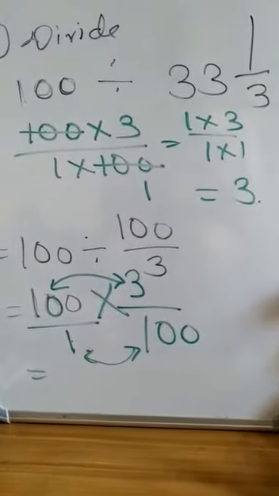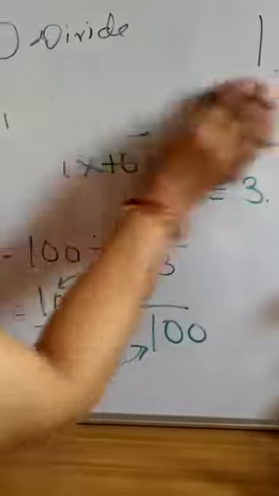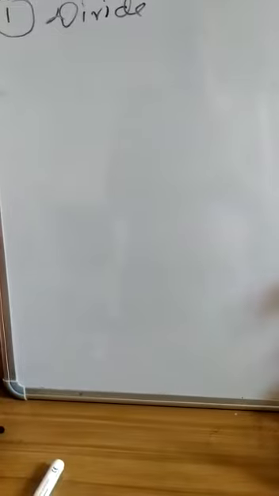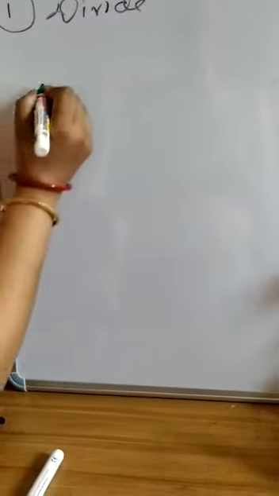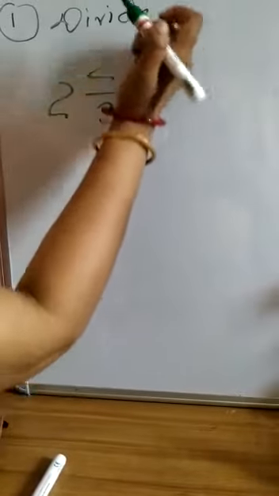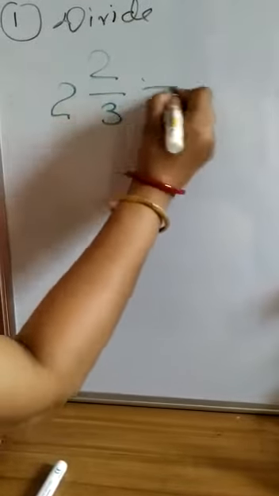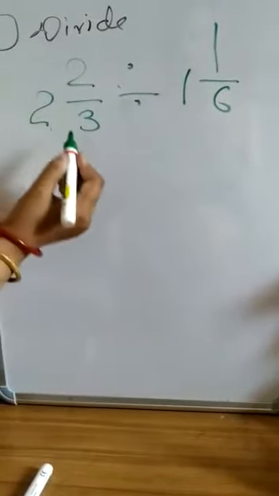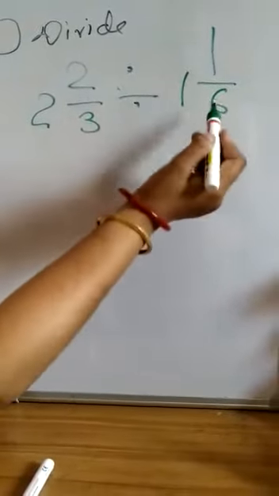So now let us take another example, the division between two fractional numbers. Here, the example is 2 2 by 3 divided by 1 1 by 6. 2 2 by 3 is the dividend and 1 1 by 6 is the divisor.